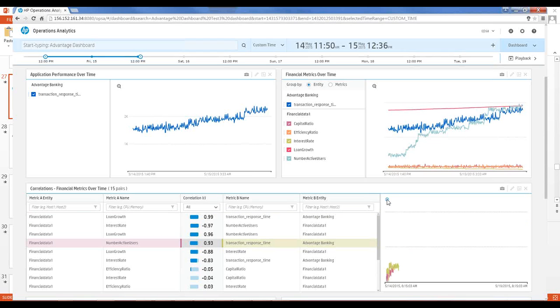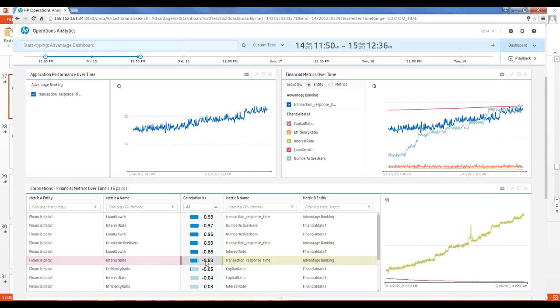She also can use a logarithmic function in order to zoom in and see it more clearly. In this case, there's no need for that, but it is possible also. She can also see that there's a high negative correlation between the interest rate and the transaction response time.